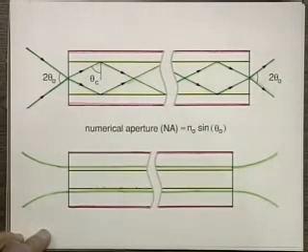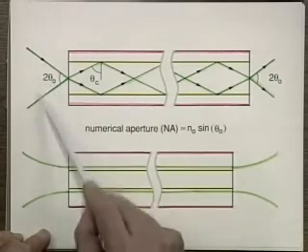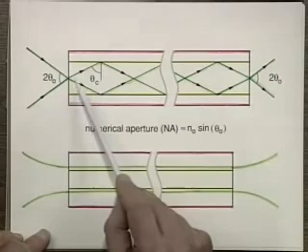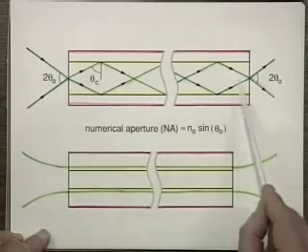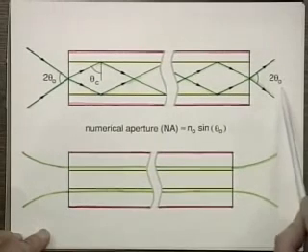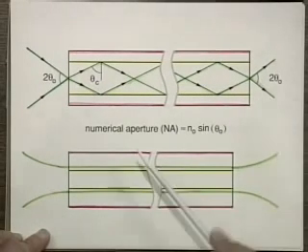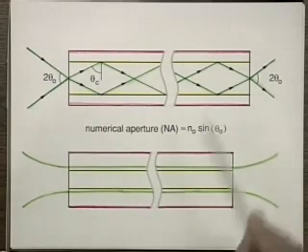All right, so the light within this acceptance cone will propagate within the fiber, and when it comes out, it comes out just like this cone, again with an angle of 2 theta 0. So the light coming out from a fiber expands pretty fast. That's using the ray picture.